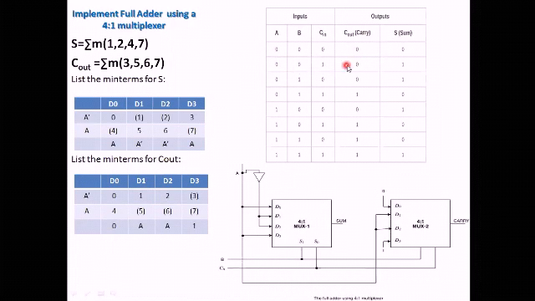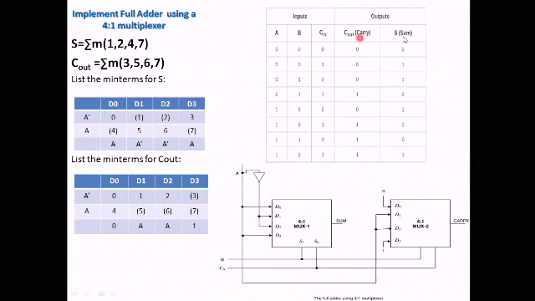Then 0, 0, 1: 0 and 1. Next is 0, 1, 0: 0 and 1. Next 0, 1, 1: 1, 0. Then 1, 0, 0: 0 and 1. Then 1, 0, 1: 1, 0. Next 1, 1, 0: 1 and 0. And 1, 1, 1: C out is also 1 and sum is also 1.